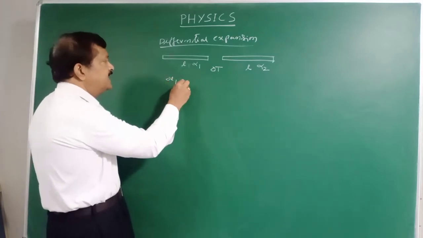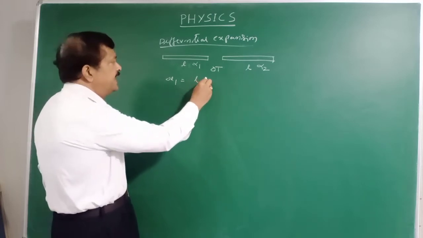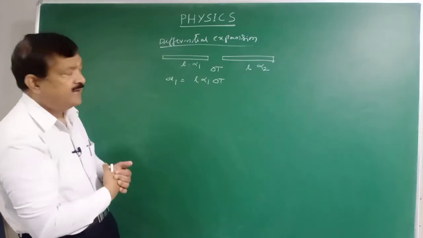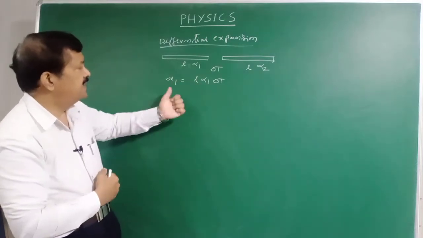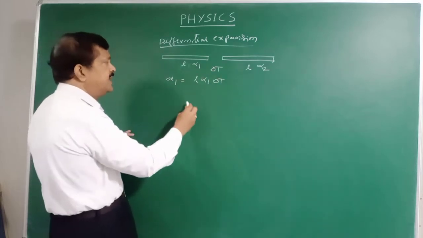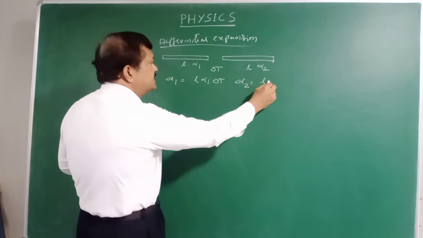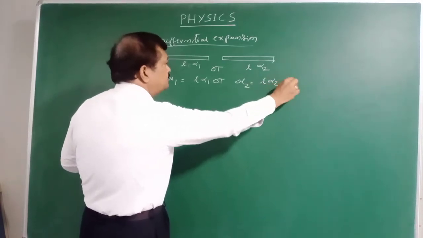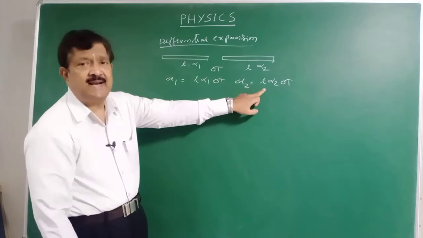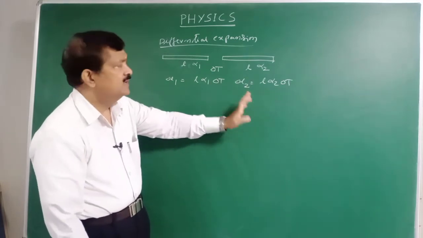Let delta L1 be the expansion of the first one, L alpha 1 delta T, and the expansion of the second one, delta L2, is L alpha 2 delta T. Very clearly, even though their initial lengths are the same, as the coefficients of linear expansion are different, their expansions are also different.